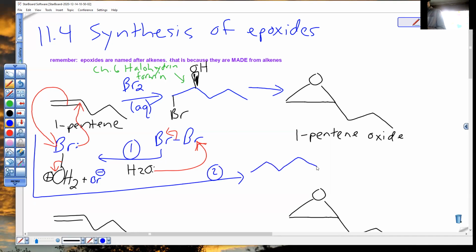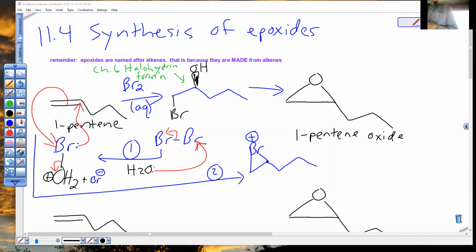Now popping that open goes by the rules of carbocation stability. You see this cation here? There's a cation in this intermediate. That's a big hint. If there's a cation in the intermediate, then opening up the triangle is going to go to the carbon that spends more time with the positive charge.